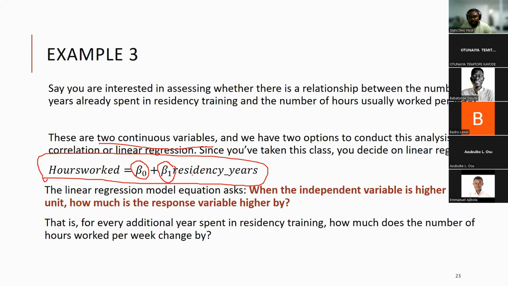So that determines the hours worked. Okay, but here's the thing. If you want to interpret it, what would it be? As the number of residency years increases by 1, right?